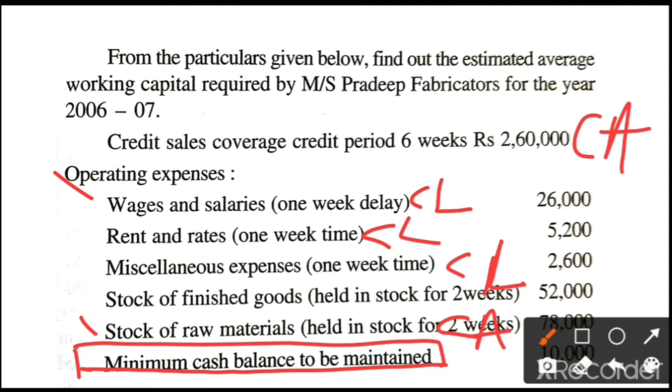After getting that, you should add 10%. After getting the net working capital, we have to add the minimum cash balance to be maintained, 10,000. Once we add it, we get the total final answer: working capital required is 44,350. So this is the answer for this problem.